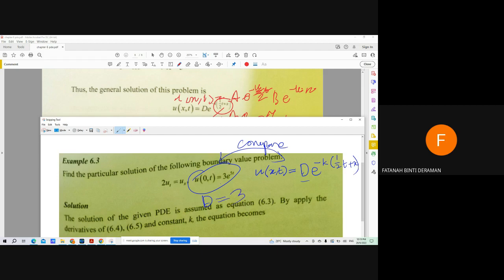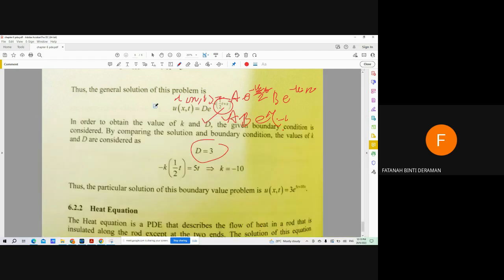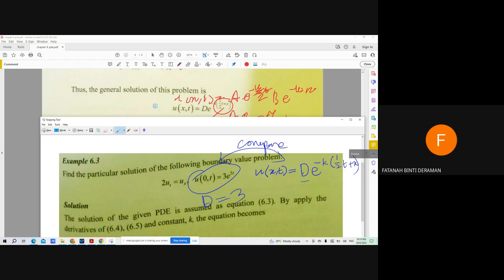So what is K? K will be negative K times 1 over 2 equals to... Okay, why do we ignore the X here?